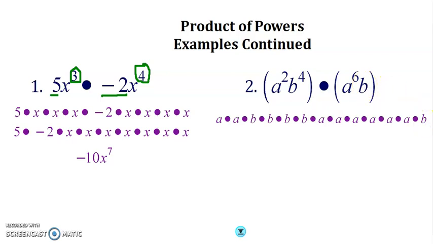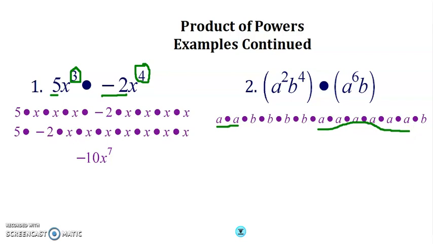Now as you can see, it's already starting to get messy and difficult to write out. So that's why we have these rules to save you from having to write all of this out. But if we go ahead and look at this problem and we say, how many factors of a do I have? Well, I have 2 here and I have 6 over here.